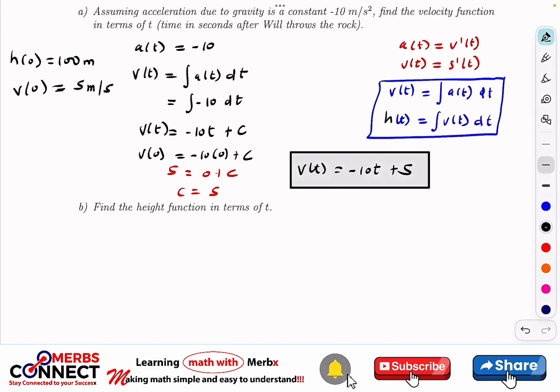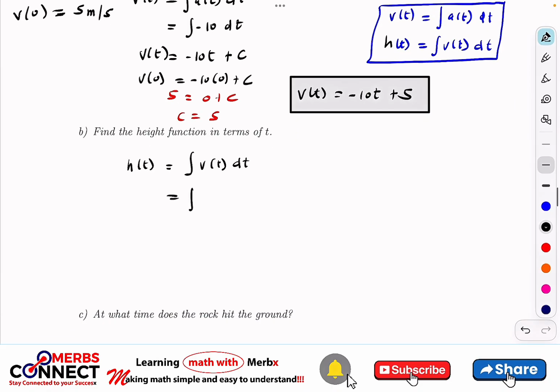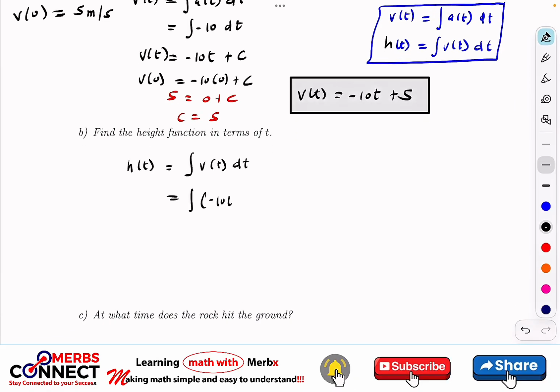So this is going to be h of t, which is the height, is the integral of v of t dt. So this is going to be the integral of minus 10t plus 5 dt. Let's do that. Now this is going to give us minus 10t squared divided by 2 plus 5t plus c.